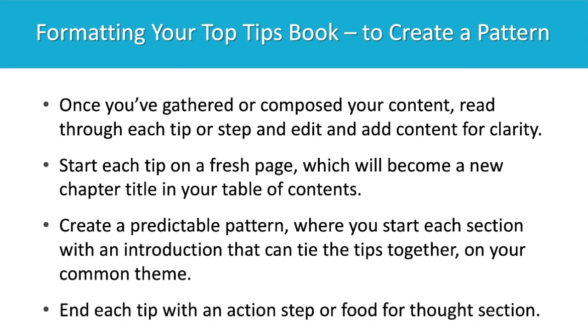And then to wrap it up, what you can do is end each tip with either an action step or a section called Food for Thought, where you recap what you just shared or you give them takeaways so they're walking away with the key components of each tip. And by creating that pattern, what you're doing is you're creating consistency and you're making it easy for your readers to go through your book.